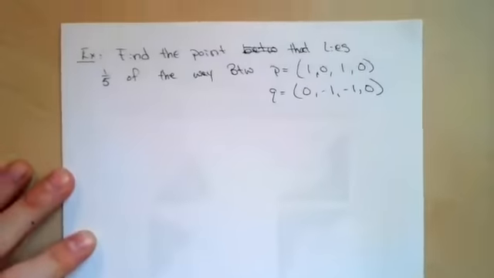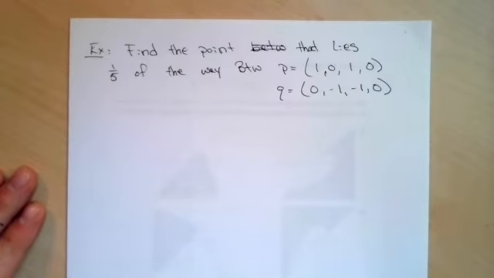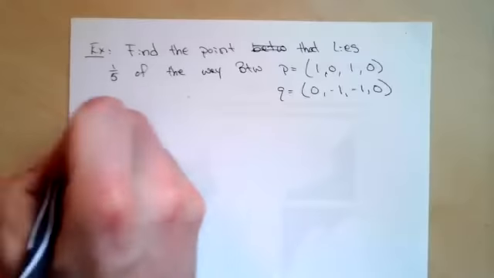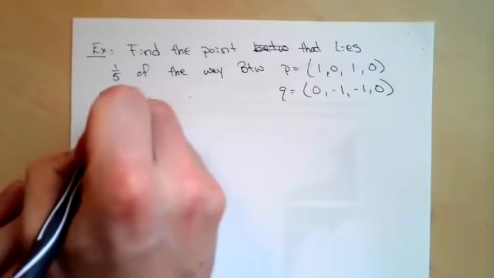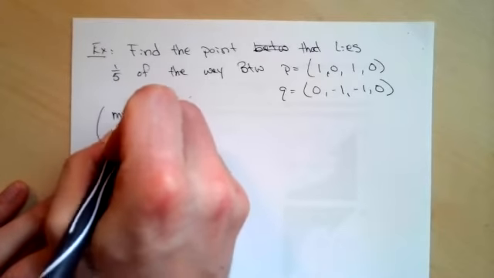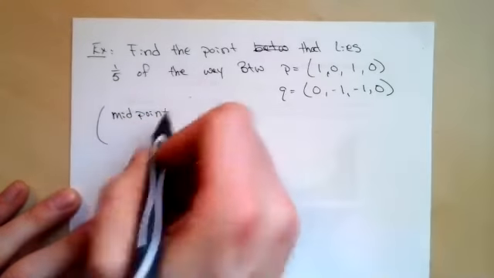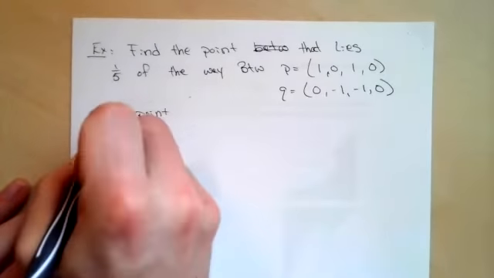Okay, so back to some problem solving. Hopefully, if you guys had Calc 3, everyone understands how to find the midpoint between 2 points. Just as a refresher, for the midpoint, we just average all the coordinates.